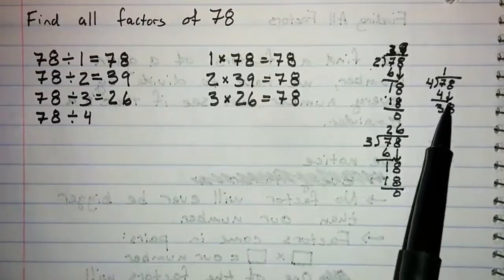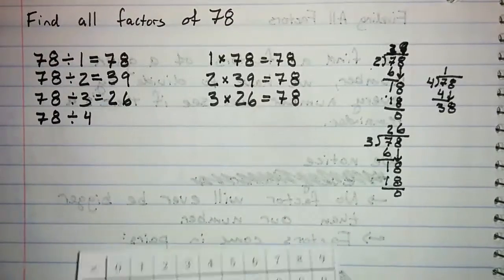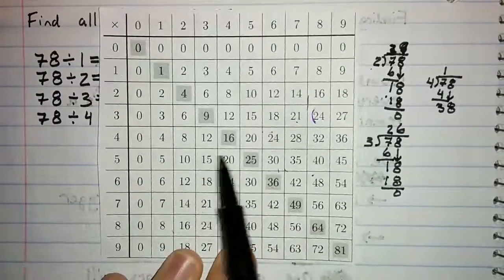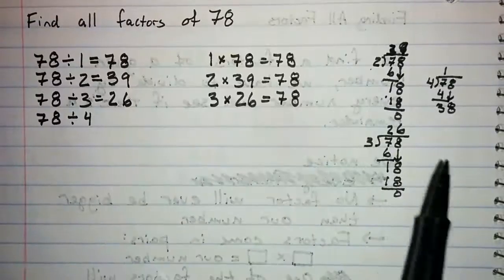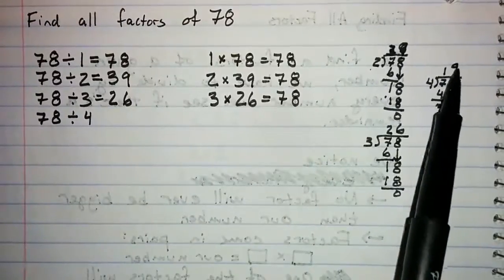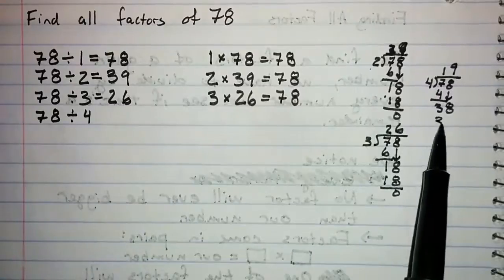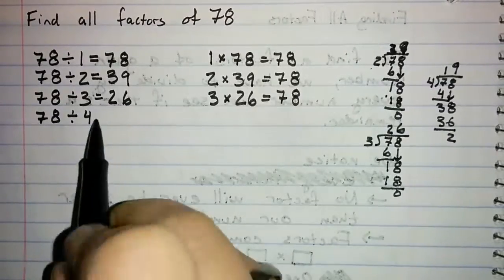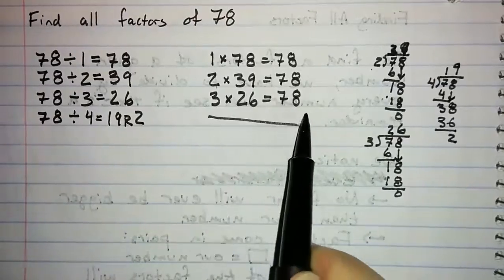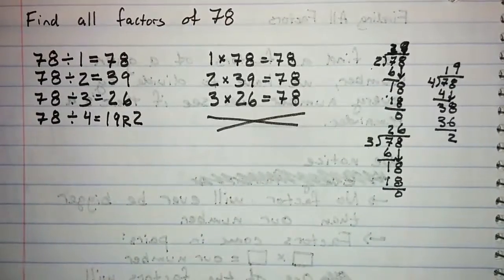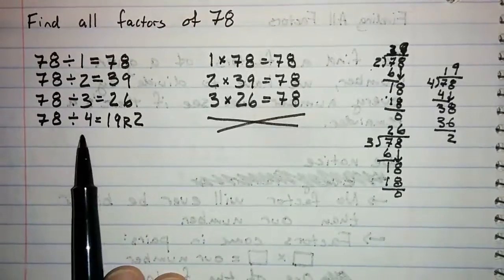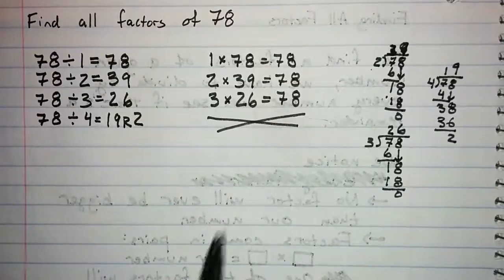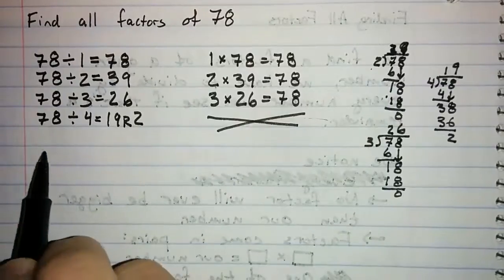Bring down the 8. 4 goes into 38 9 times. 9 times 4 is 36. 2 left over. So 4 is not a factor. There's no multiplication sentence we can write here.